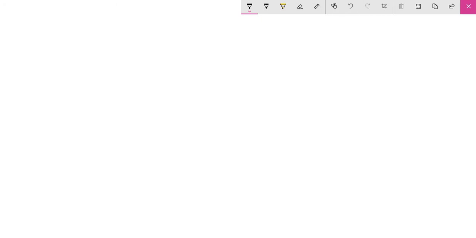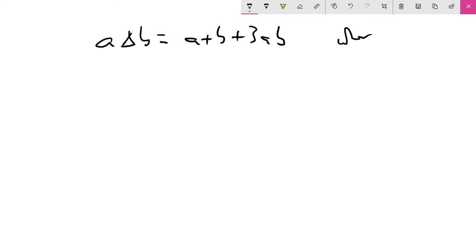Okay, so we have A triangle B is equal to a plus b plus 3ab. Of course, where a, b are real numbers.